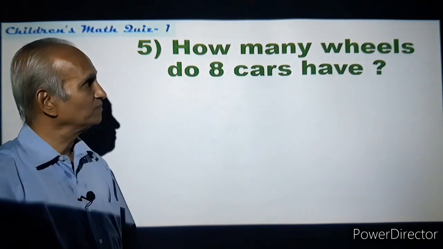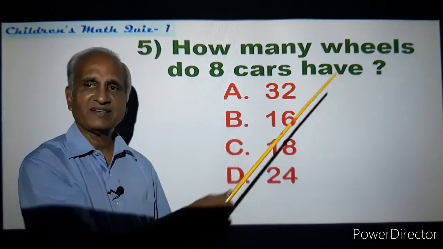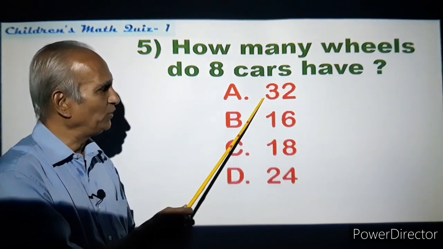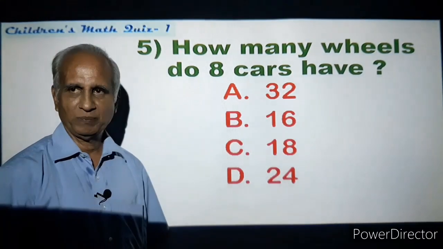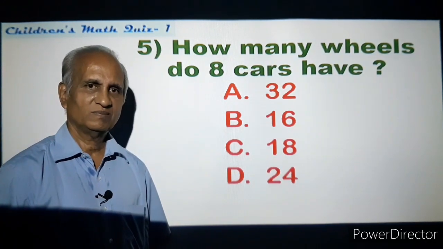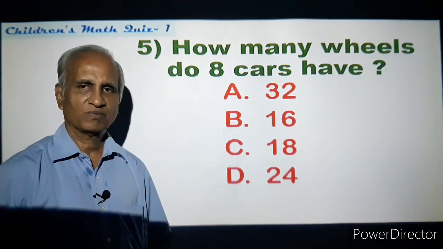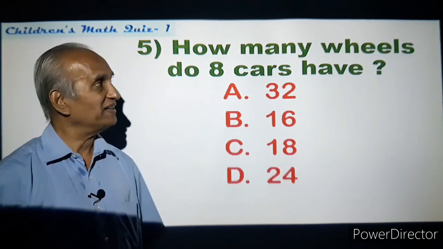Fifth question. How many wheels do 8 cars have? 32, 16, 18, 24. A car has 4 wheels.